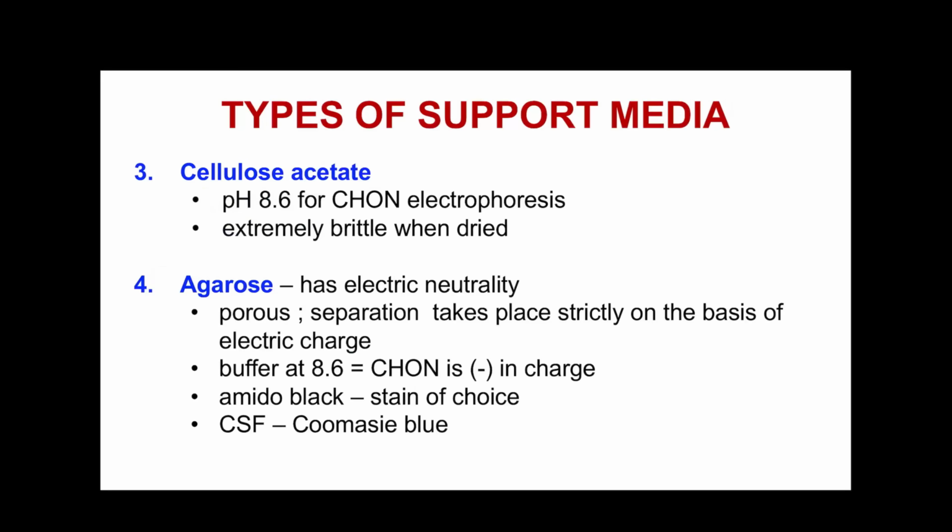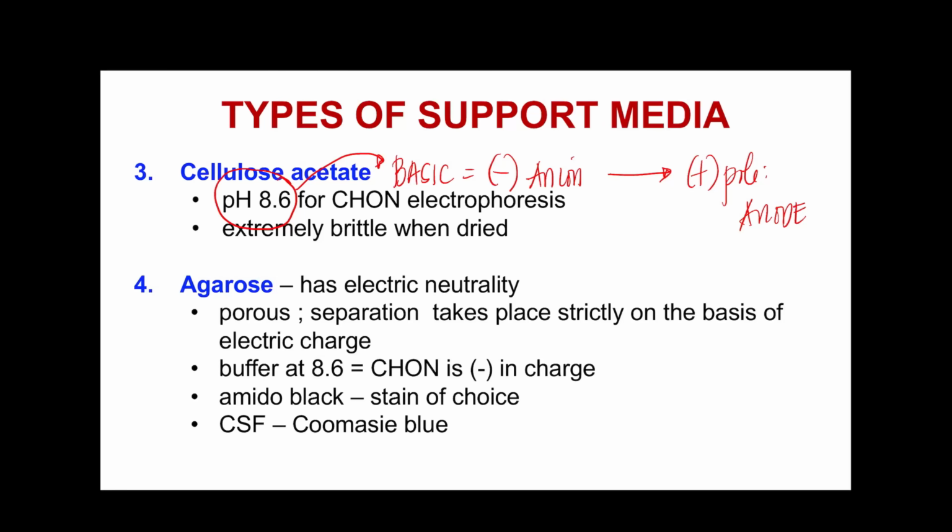Next, cellulose acetate. So this support medium sets the pH of the buffer at 8.6. So this is a basic solution, so that means the proteins are negatively charged. And these negatively charged ions, of course, will migrate to the positive pole, the anode. And one of the disadvantages of this cellulose acetate is it is extremely brittle when dried.